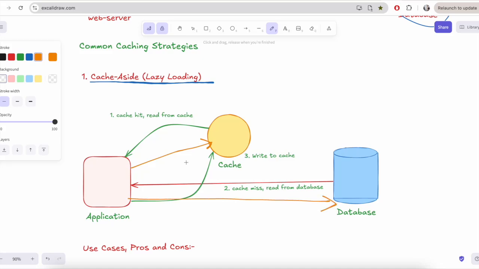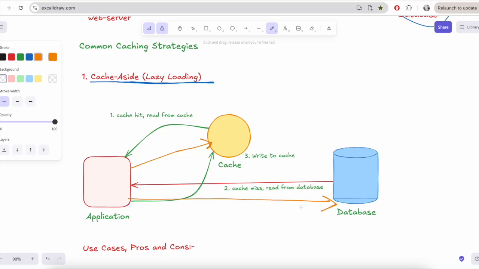That means when a client requests any data, the application is the one which first checks in the cache. If the data is in the cache, that means if there is a cache hit, it will serve the request to the client. If the data is not there in the cache, the application will query the database and get the data, and it will serve the client.